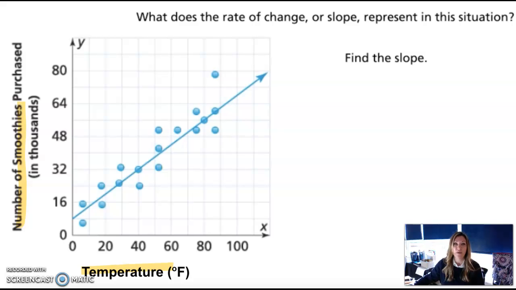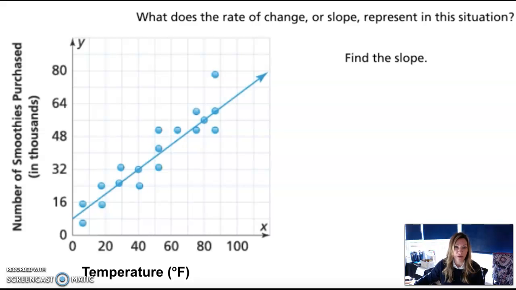So we know that it's the change in y values over the change in x values. That means the number of smoothies purchased at the temperature. So each time the number of smoothies purchased in thousands, the temperature increases by how much? Because we can see that this is what type of association? It's a positive association.